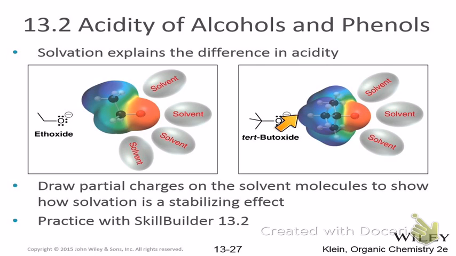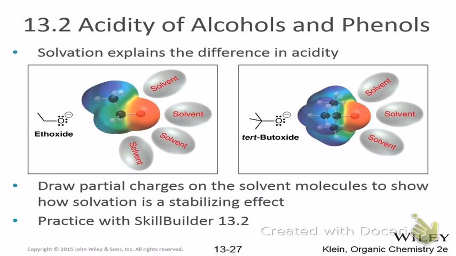Well, it could be water or it could just be T-butoxide. But because this part is so bulky, you can't stabilize the charge, the positive charge that develops here. And because this thing is so bulky around here, you get less solvation, as we call it, from the solvent shell on this side. And as a result, ethoxide ions are more stable when they're in solution than butoxide ions, or T-butoxide ions.